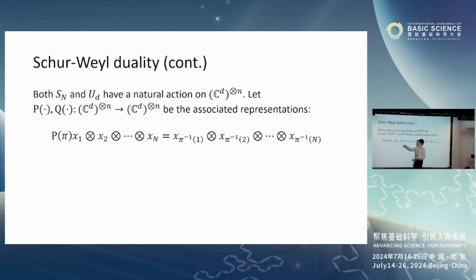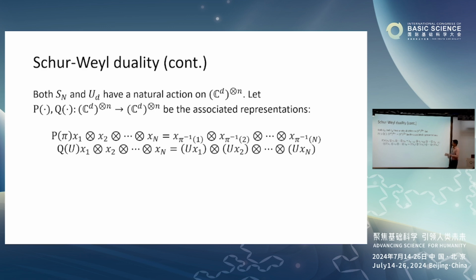So for any permutation pi and any tensor vector x1 tensor x2 dot dot dot xn, I'm going to define the action of pi on this vector to be what happens if I apply the inverse of the permutation to this vector. Then again I extend this to all vectors by linearity.